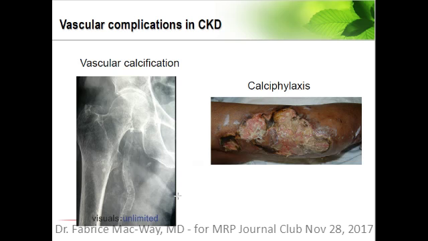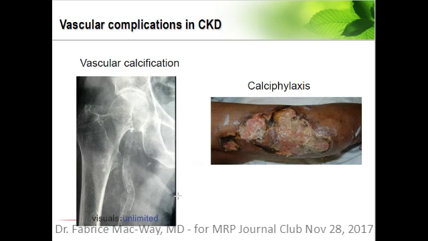I'm pretty sure it has something to do with the calcium. We used to give a lot of calcium before, and we restricted a lot the amount of calcium we give to patients, of course, because of vascular calcifications.